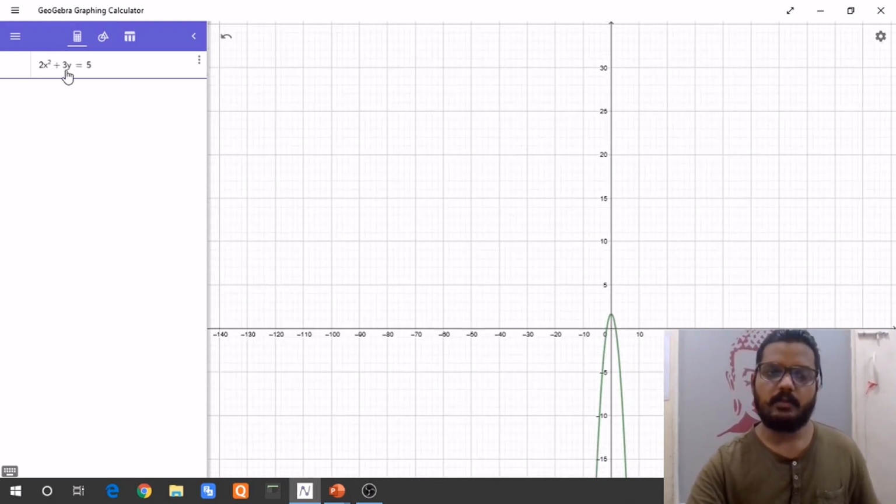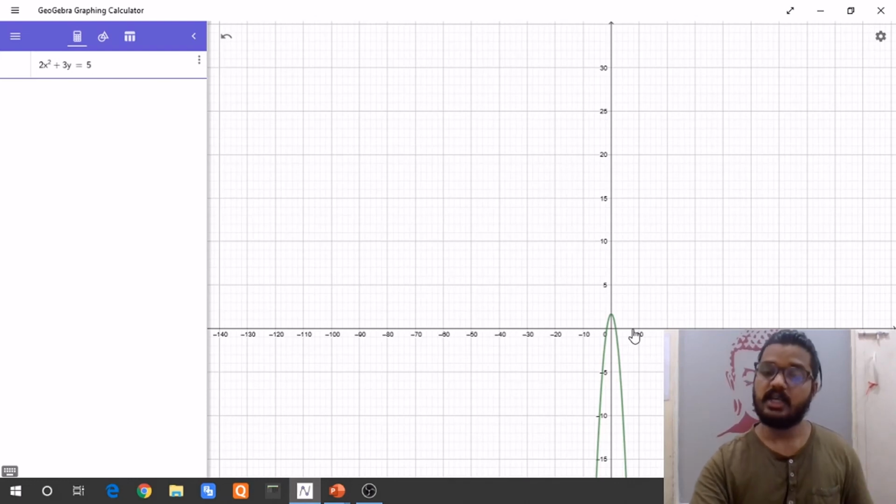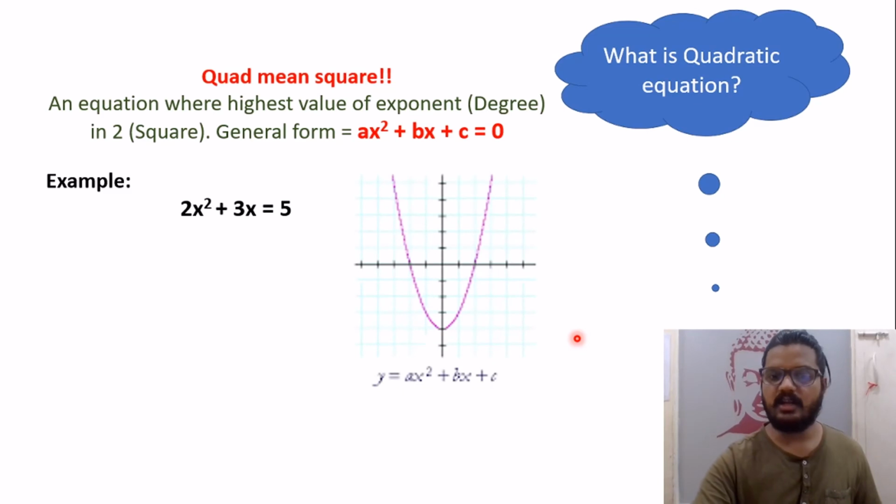But when we talk about this kind of equation, we have to talk about the value of x. So as you can observe, this line is passing twice through the x-axis. That means when you solve such equations, you will be able to find 2 values for x. Let's go back and see how that functions. So the general equation or the graphical form is like this.